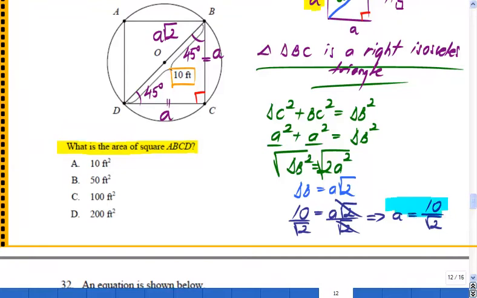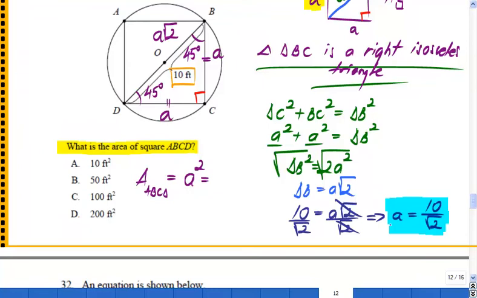And I know that the rule in math, in algebra, tells you not to leave square roots in the denominator. But in this case, I don't have to work on that because you have to find the area of the square ABCD, which equals side squared.